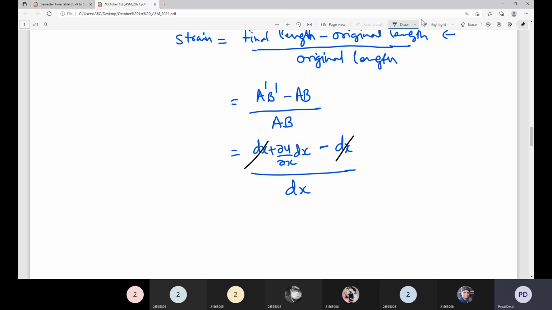This will go away, it's a negative, and this will finally dx into dx, तो ये भी जाएगा. फाइनली हमें क्या मिला? del u by del x. So ये हमारा एप्सिलॉन आ गया है.